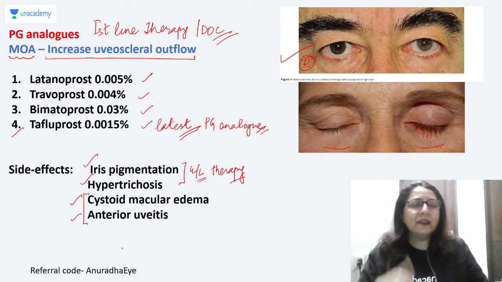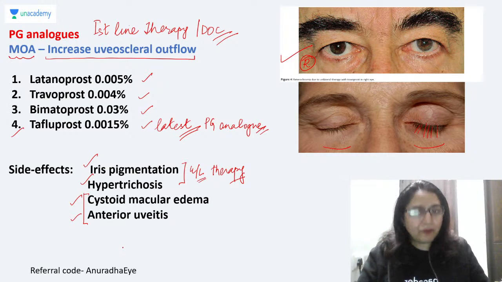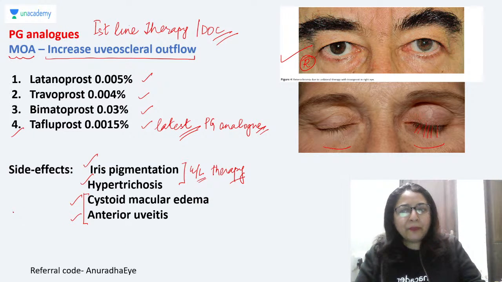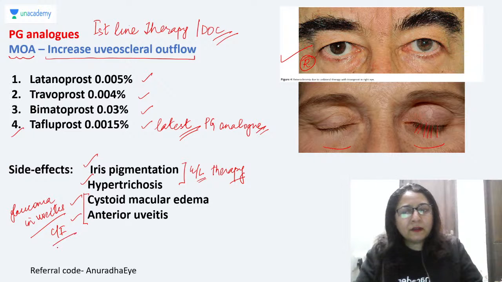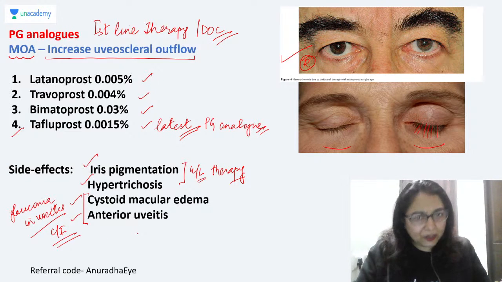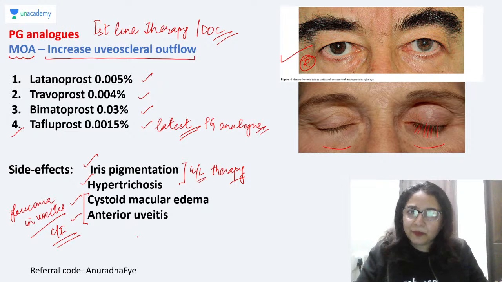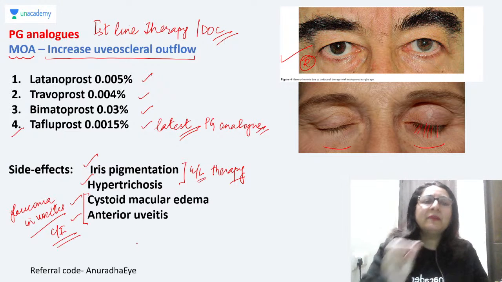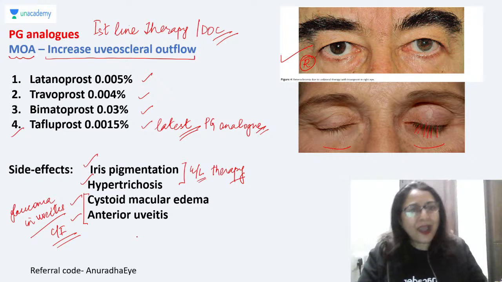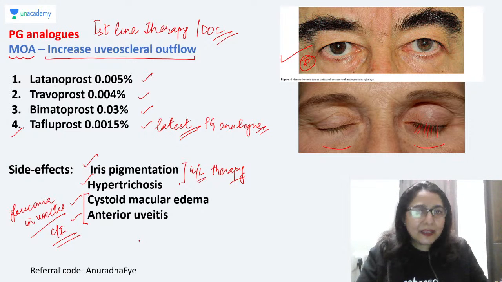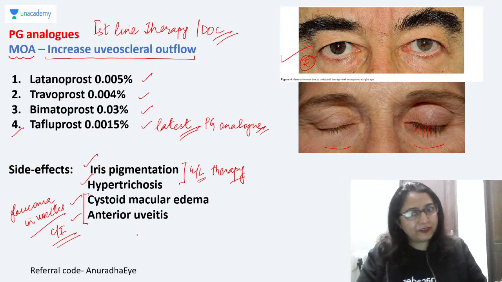So if a patient has uveitis and glaucoma, you will not prefer prostaglandin analogs. Similarly, if there is pre-existing macular edema due to any reason, you will not prefer prostaglandin analogs.